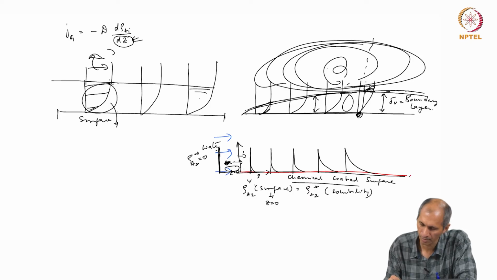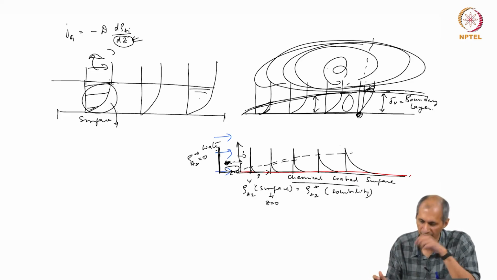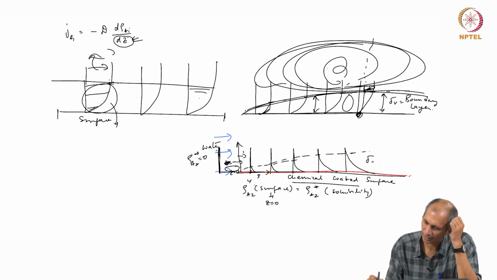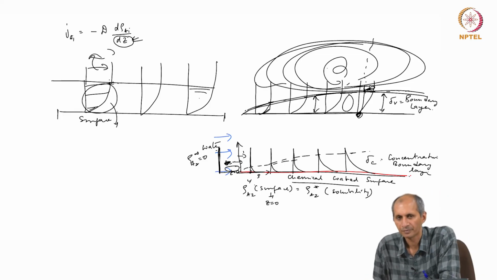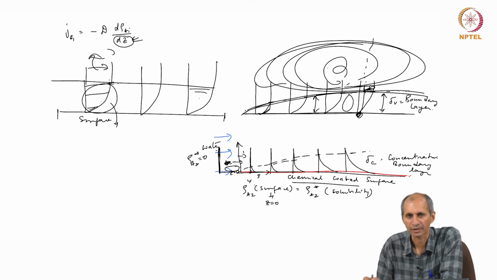If you mark the points where the difference in concentration exists, this is called the concentration boundary layer. And this is a result of mass transfer.